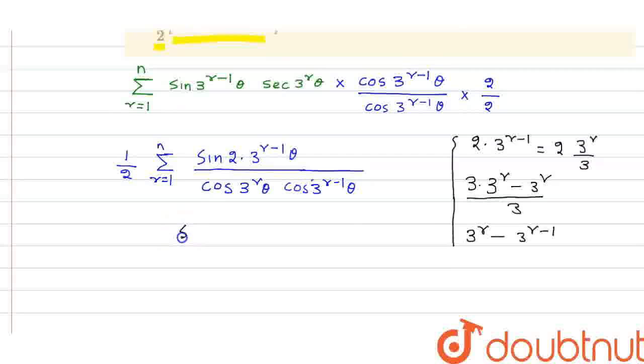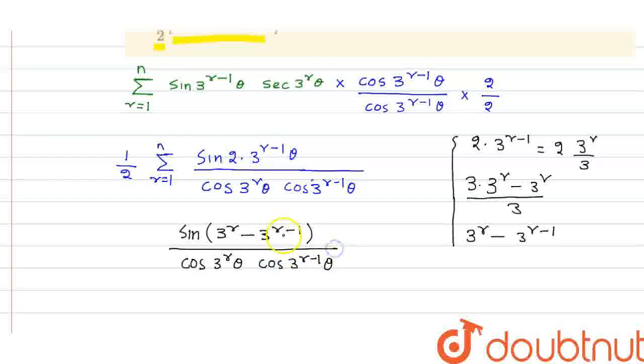Now just substitute this. So this is sin of (3^r theta minus 3^(r minus 1) theta) upon cos 3^r theta and cos 3^(r minus 1) theta.